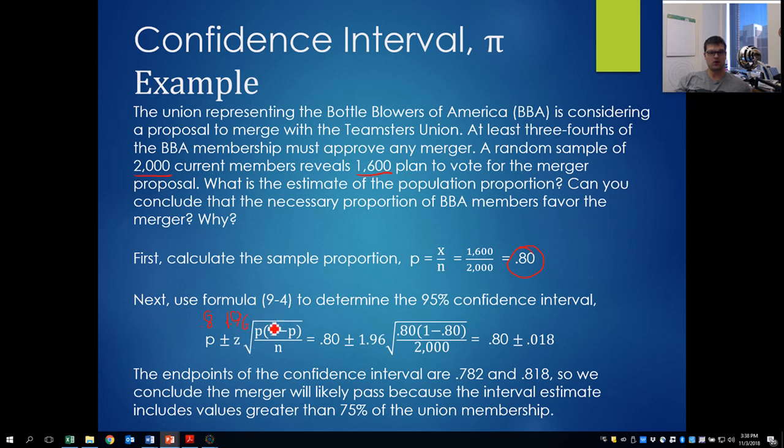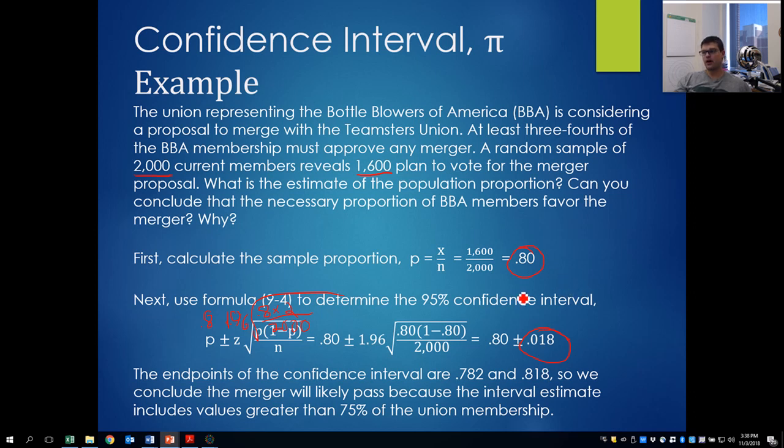And then we have the square root of P multiplied by 1 minus P, so we have 0.8 multiplied by 0.2 divided by 2,000. And then you take the square root of that, which gives us 0.8 plus or minus 0.018. So the margin of error here is 0.018.